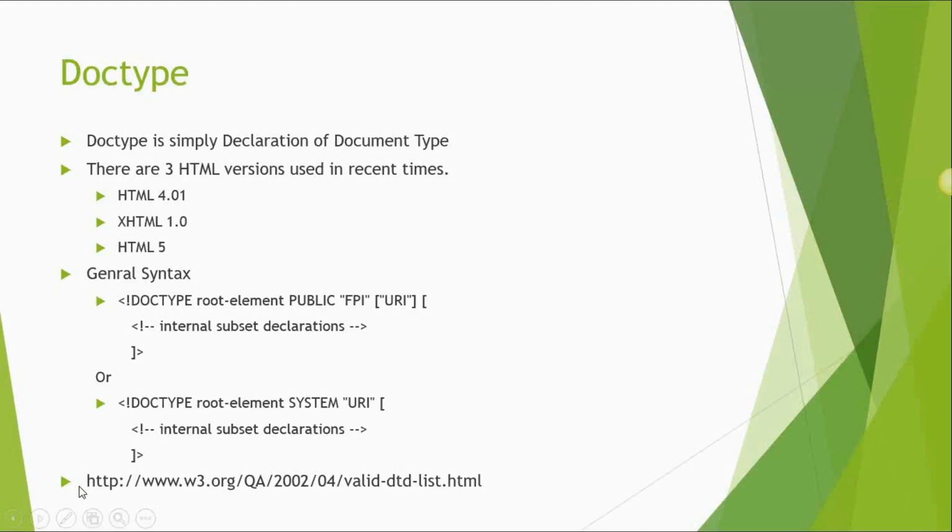If you want to know more about document types, this link is available. You can check the link for more types of document types, but for now we are only going to look into the HTML 4.0, XHTML 1.0, and HTML5 document types.